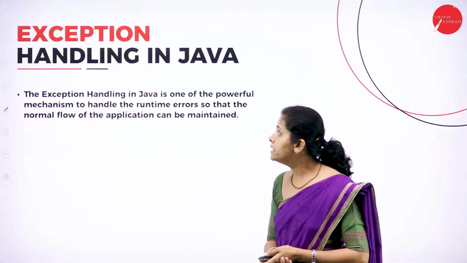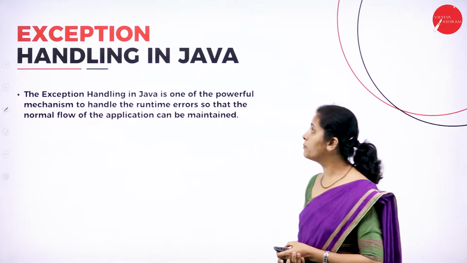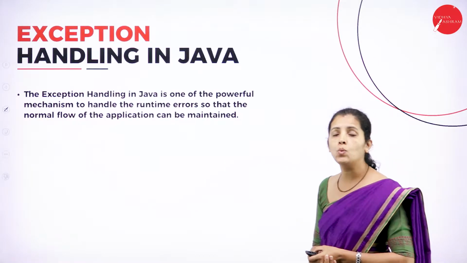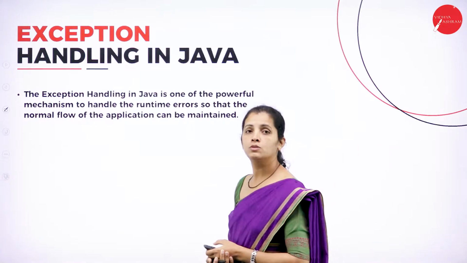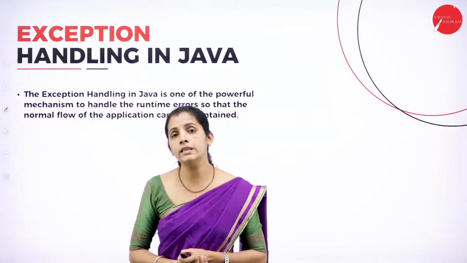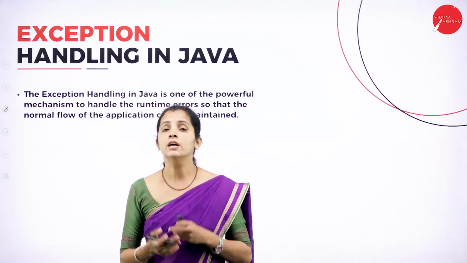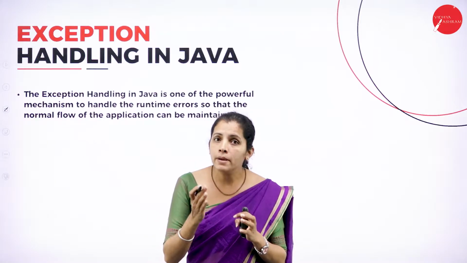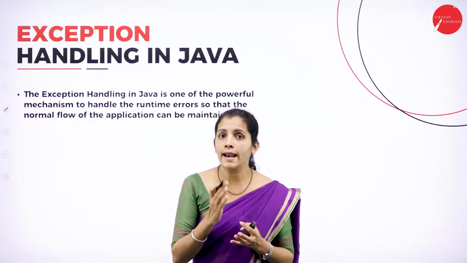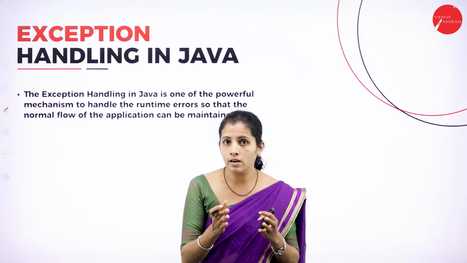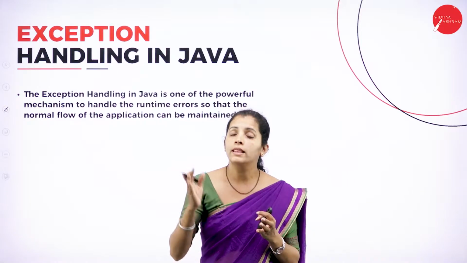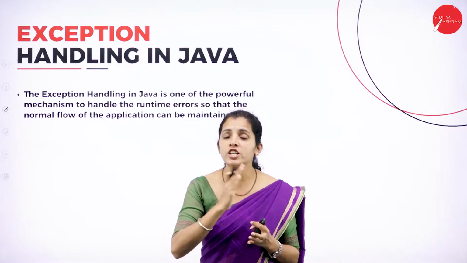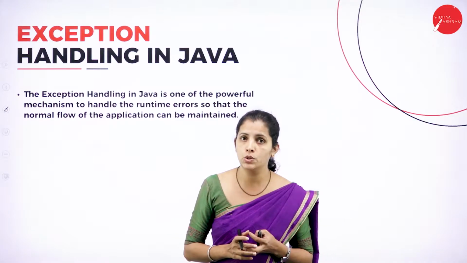Now at the beginning, I'm going to take the topic, that is exception handling in Java. So what is this exception? Here exceptions are nothing but error handling. During the execution of the program, there may be a chance of an error occurring. Now when the errors occur, it's going to change the flow of the execution.